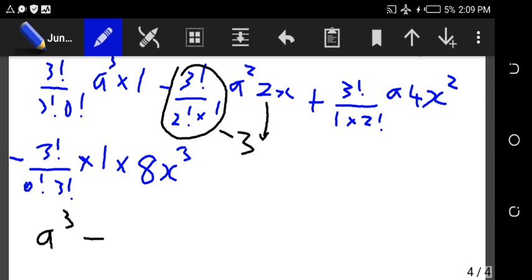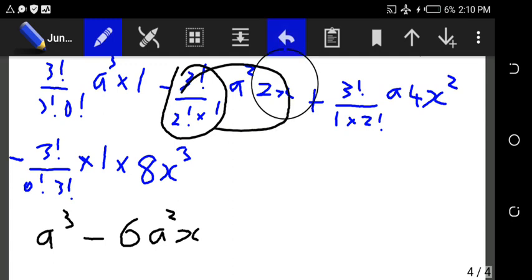Remember that they're multiplying, so 3 times 2 will give us a 6. All right, so what we're having here is 6a squared x. That is what everything here will evaluate to.